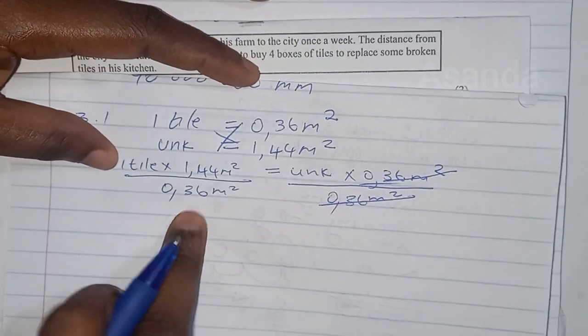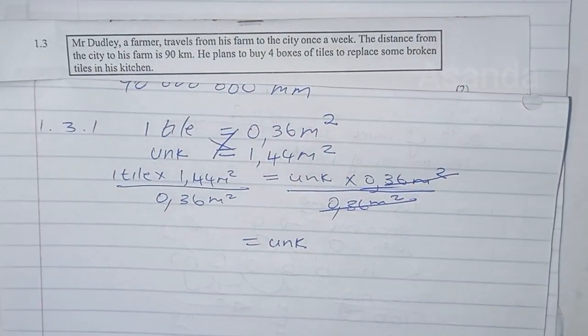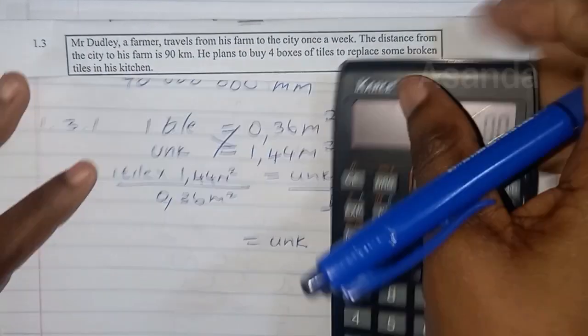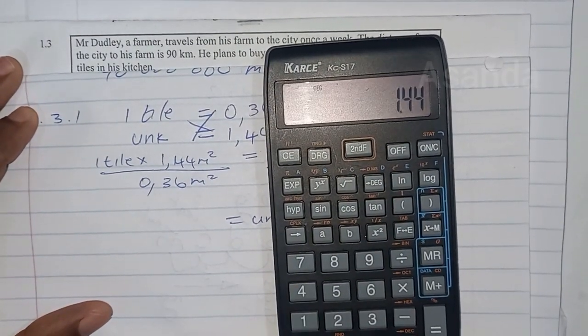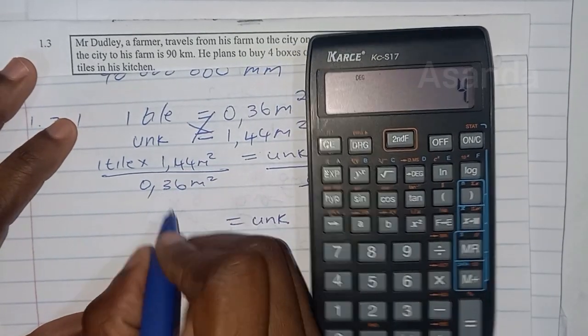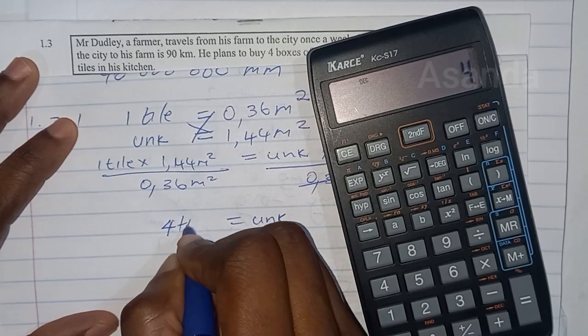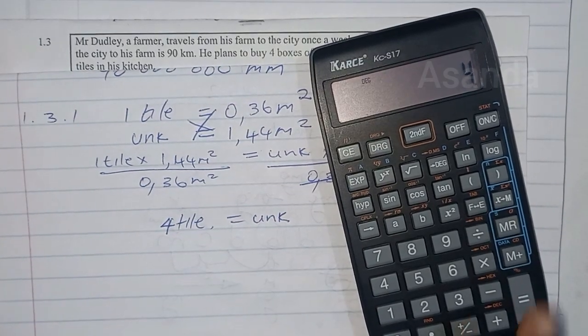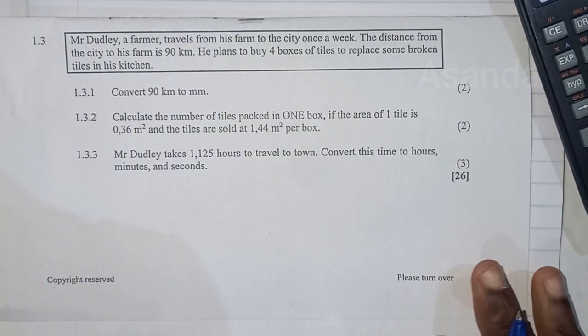And then we just divide and get the answer. Our unknown is equal to 1.44 divided by 0.36, and that is 4 tiles. Our box has 4 tiles. Great. Next one. We're going to the last question.